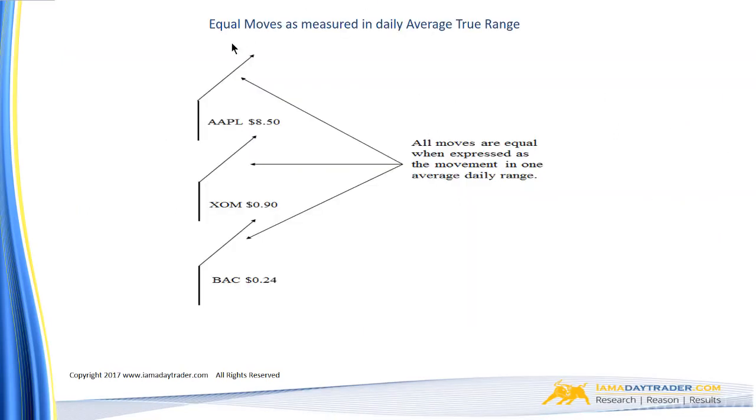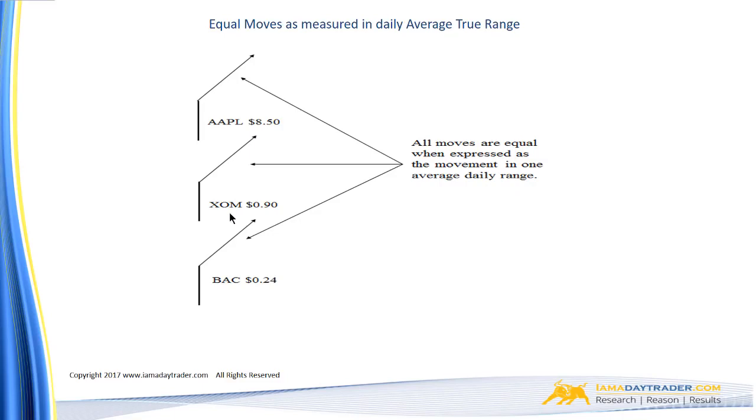So as you can see, I can now take a look at different commodities, different stocks, even different currencies, and have an idea of where to look for potential profit targets or stop losses based upon the daily average true range, ATR. For example, Apple at that particular time was $8.50.